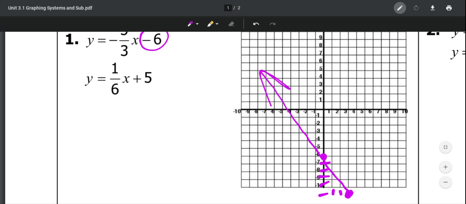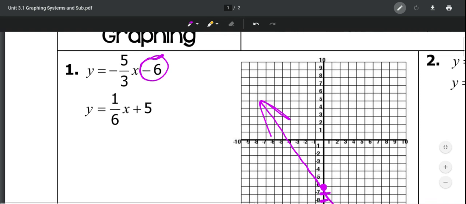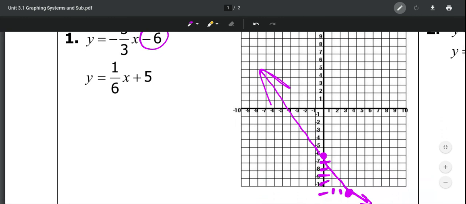So we're just going to graph that line, which on mine is not going to look as neat, but on yours, you need to use a ruler to make sure that you have a straight line, because that'll allow you to make sure you get the right answer. All right, so let's graph the next line, 1 over 6x plus 5.